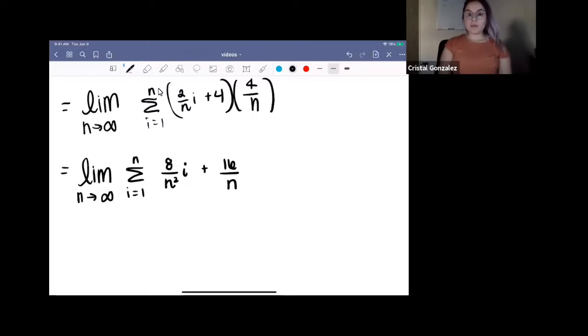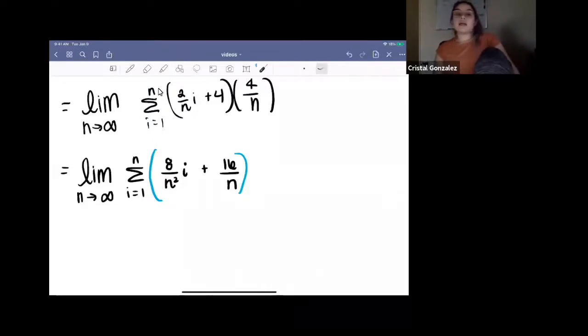Okay, so after this, remember that this is all inside that sum. These are all still part of that sum that's right here. So we have two choices here.